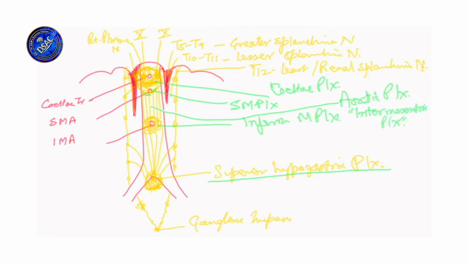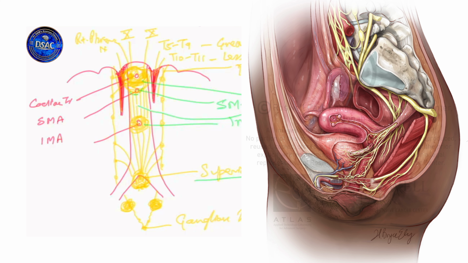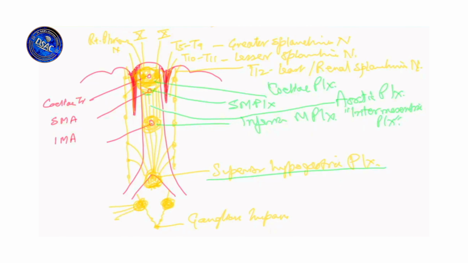Now there is a plexus in the true pelvis on the lateral wall of the pelvis, on the two sides of the rectum, on the two sides of the prostate or seminal vesicles, and even in females, at the level of the cervix on either side, at the level of the fornices of the vagina on either side. This plexus receives contributions from S2, S3 and S4 from both sides, and these are called pelvic splanchnic nerves.